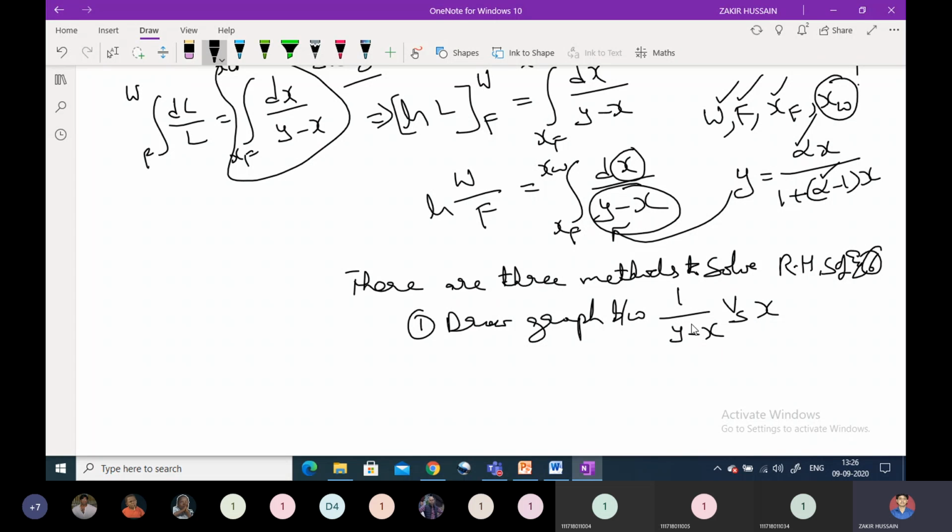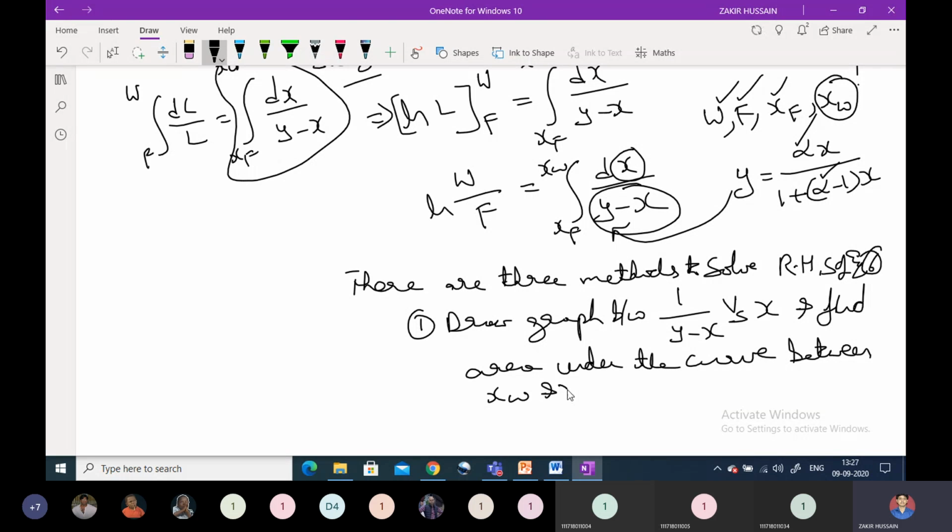So this will be 1 by (y minus x) on the y axis and x on the x axis, and find the area under the curve. So it will be solved. The area under the curve between the limits xW and xF, whatever the graph may be. We have to take the area between these limits only, xW and xF. This approach can solve this equation.